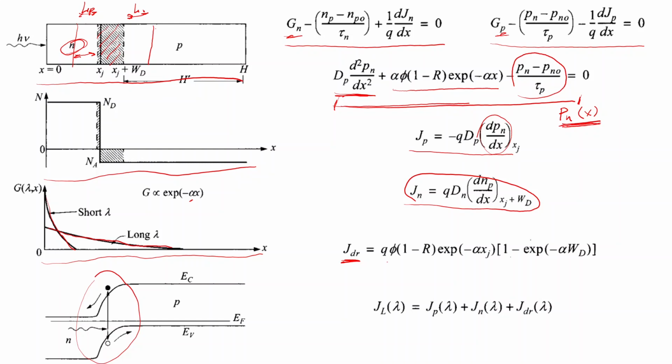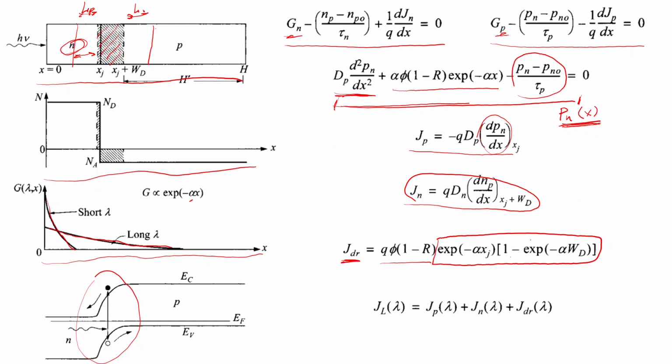That's why we have the total flux of electrons which reach the p-n junction, and that part is absorbed in the depletion region.